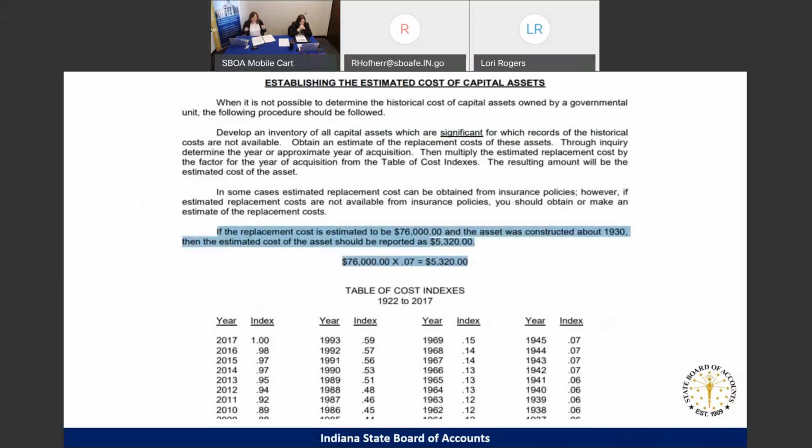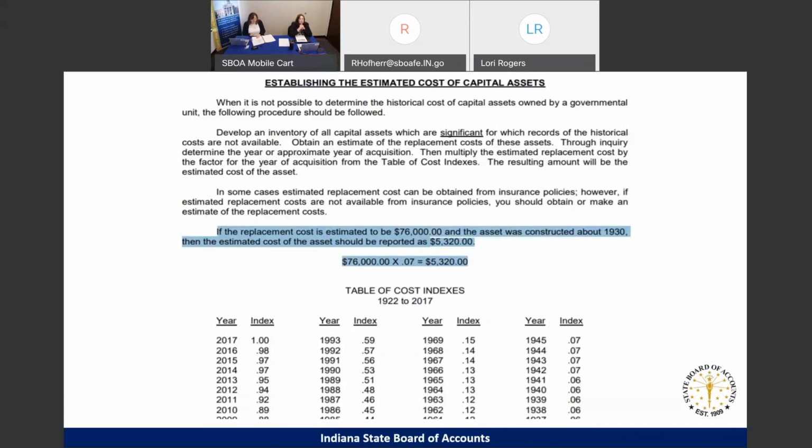So this is just a screenshot. It doesn't show the whole table because it wouldn't all fit. But there's an example in here and it shows an asset with a current value of $76,000. It was constructed in 1930, which is not shown here, but when you go to 1930, the index is 0.07.